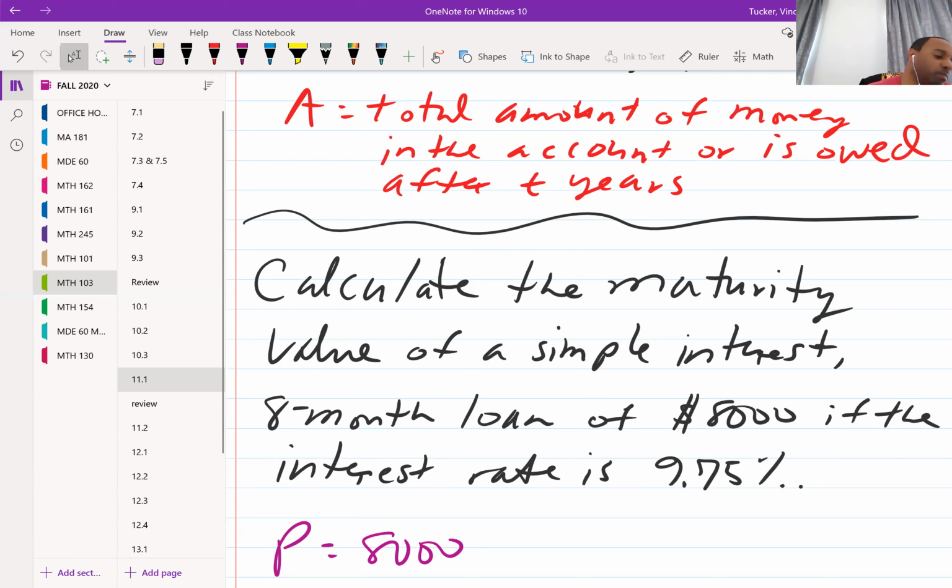P is 8,000, R is 0.0975, then 8 months for T means 8 over 12.